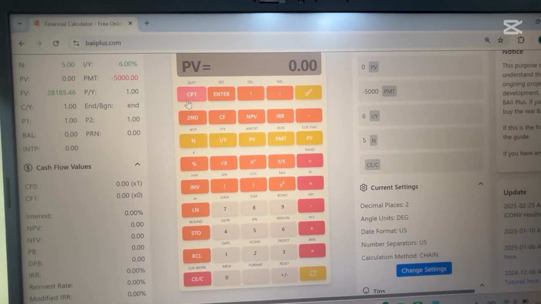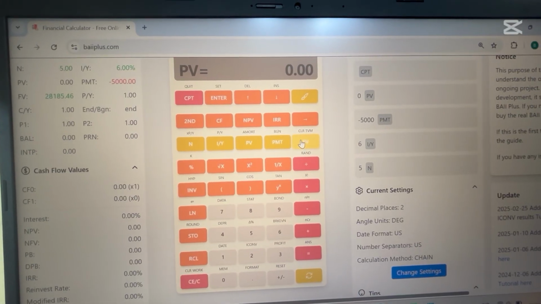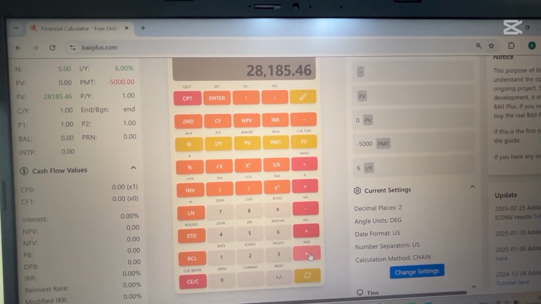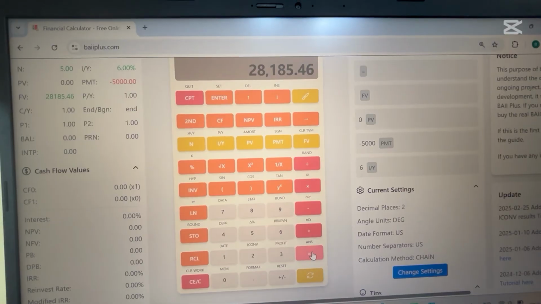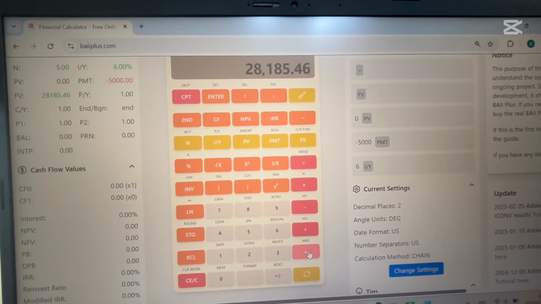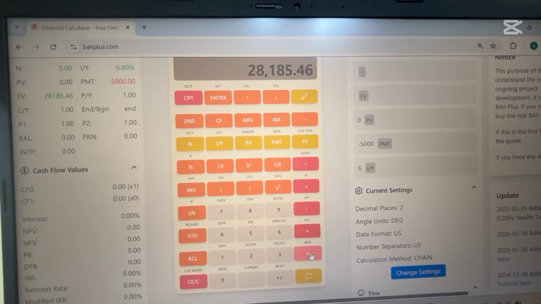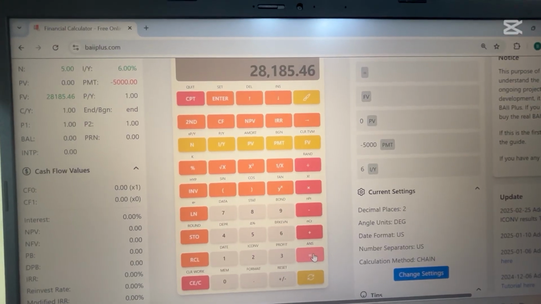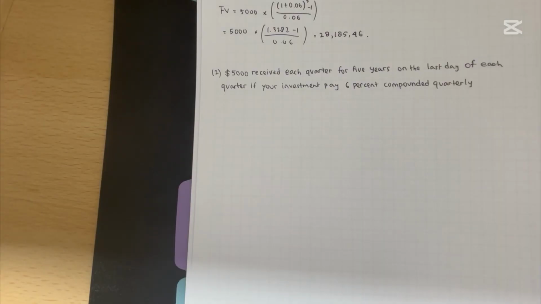Lastly, we press CPT, then future value, to calculate the future value. Then we got the same answer, that is 28,185.46.